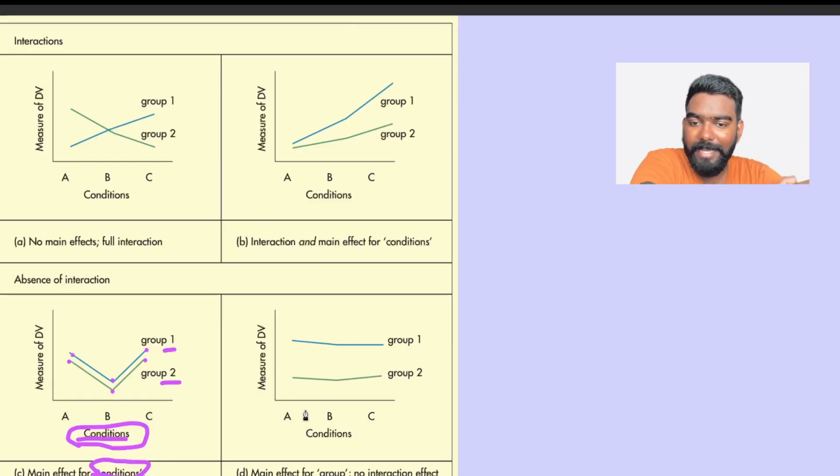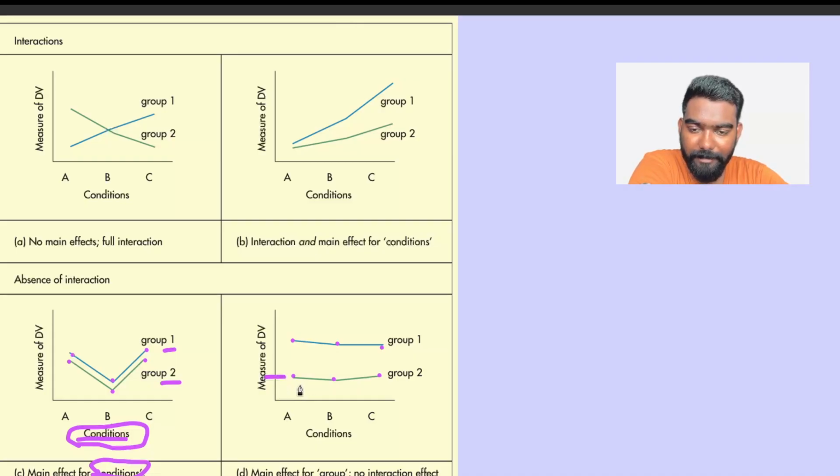Similarly, see here, there is a large difference between group 1 and group 2 in all the conditions, which means the groups actually differ, but in all the conditions the scores within each group are almost similar.